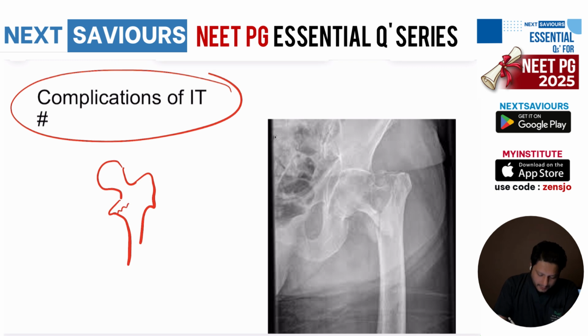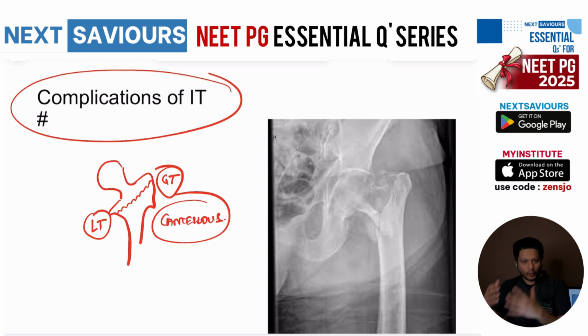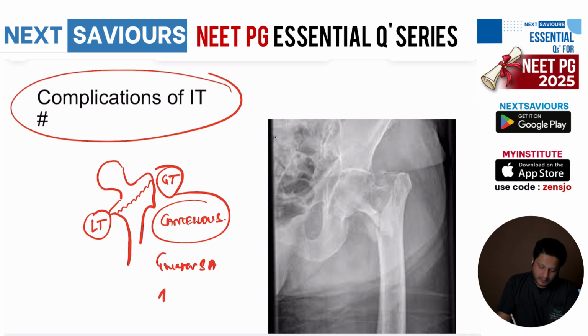But here in the intertrochanteric fractures, the fracture which is lying in between the lesser trochanter and greater trochanter, here the fracture is affecting the cancellous region, where the vascularity is too high and the chances of non-union are too low, because even if the fracture is not completely reduced, even if the fracture is maltreated or ill-treated or neglected, then also the fracture tends to unite because of greater surface area and increased vascularity. So if at all the intertrochanteric fractures have to go into a complication, then that complication is malunion.